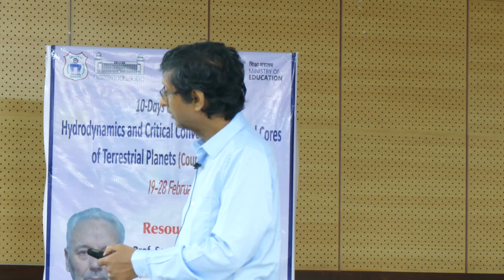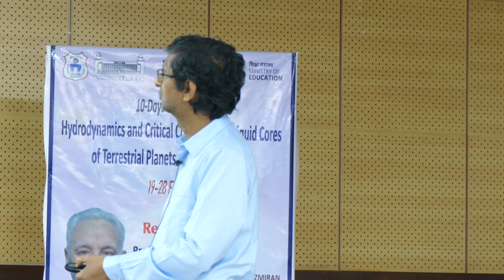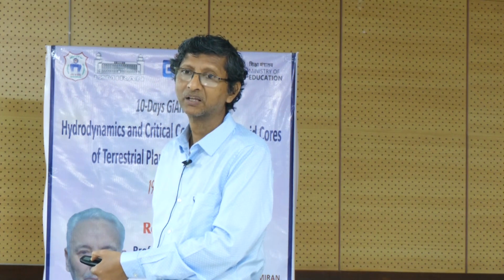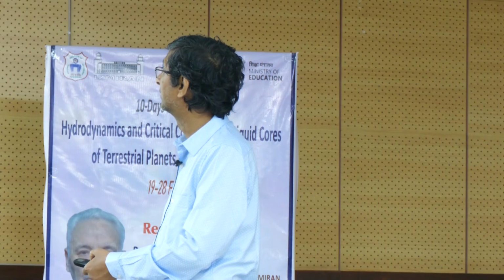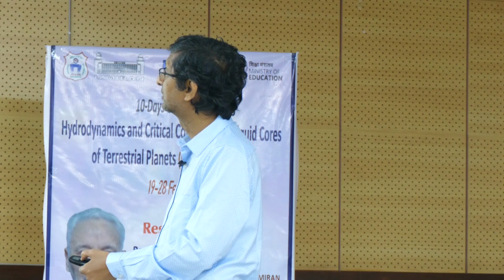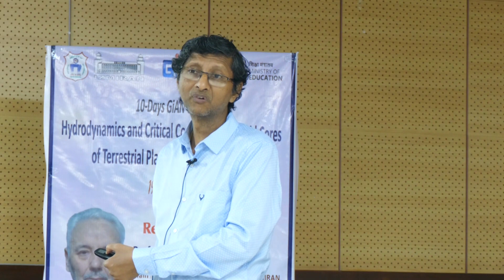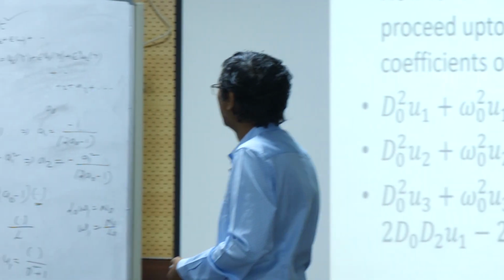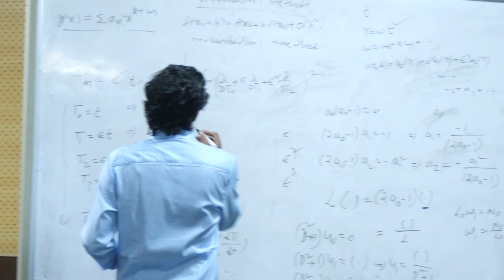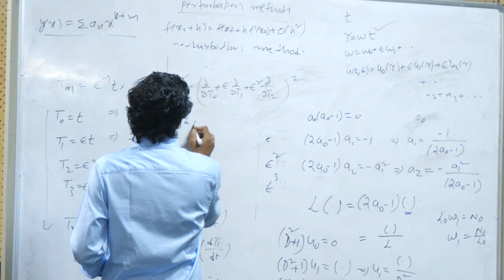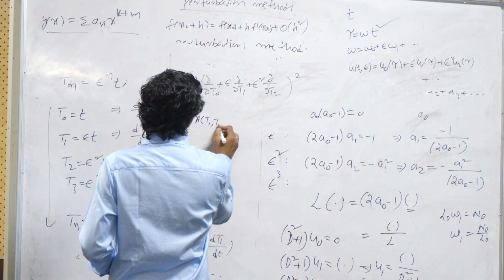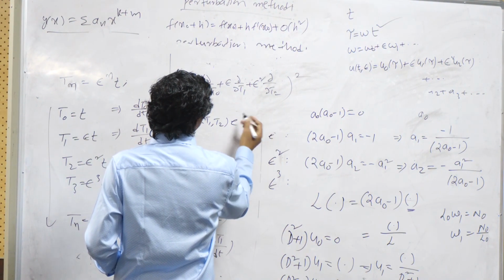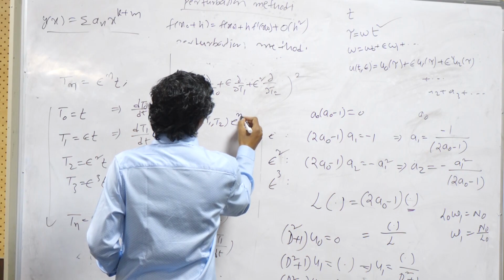At the leading order, you can solve this equation. The leading order solution can be written in this format. Can you read it or not? If you use the variable separable technique, u1 can be assumed as capital A, a function of t1 comma t2, times e to the power of m t0.